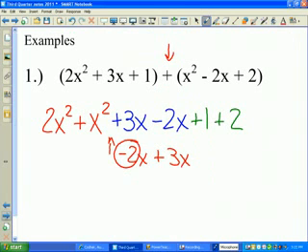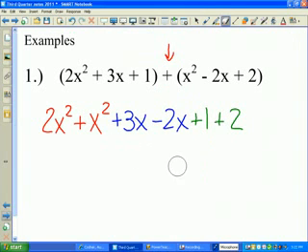That's perfectly fine, as long as that 2 is negative. Okay? Because the key thing here is we're not doing anything with the exponents. We're just using those exponents, or I should say degrees, to help find our like terms.